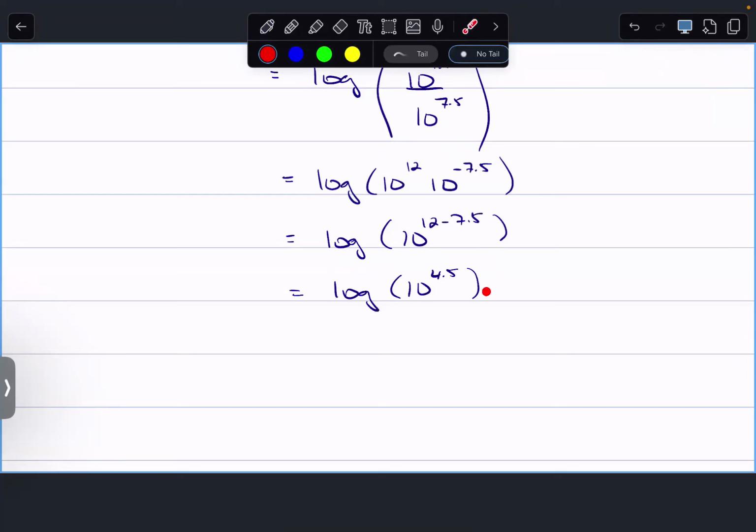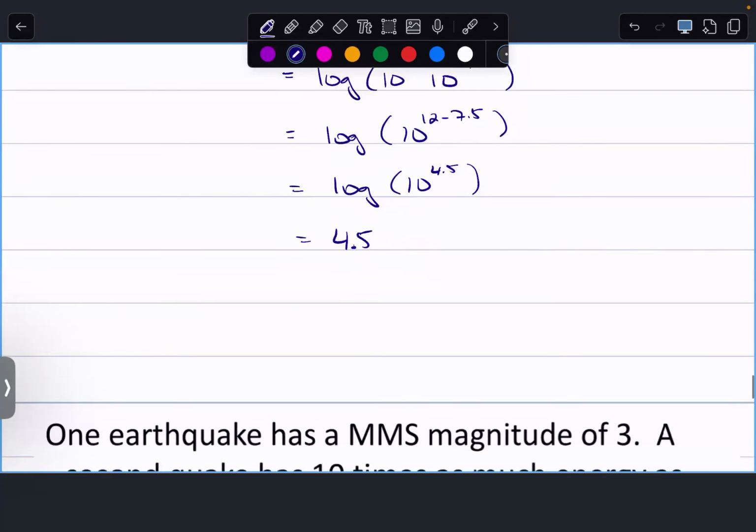10 to the power of what equals 10 to the 4.5? I'm going to go with 4.5. You can use your calculator. But that's the difference in the order of magnitude.